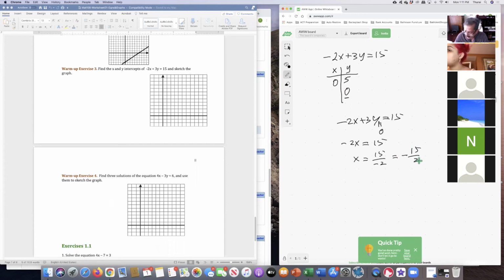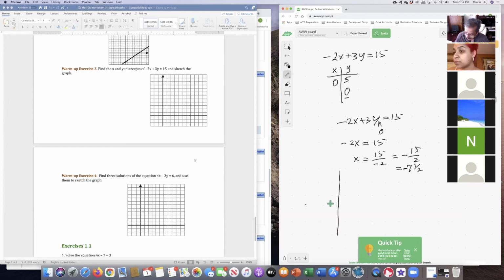But you have to convert it to a mixed fraction to be able to identify it on the axis. If you divide 15 by 2, you're getting 7, and you're getting 1 remainder. That means 7 and a half. So negative 7 and a half is your x-intercept. Because if you write it as 15 over 2, you cannot find it on the axis system.